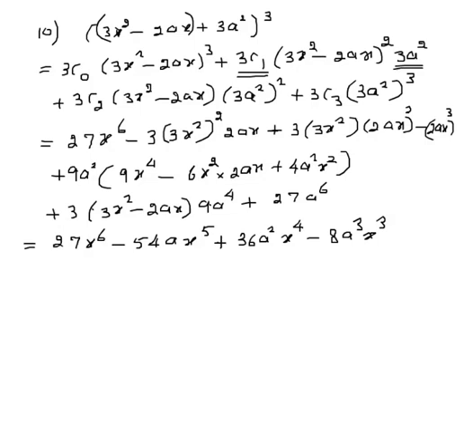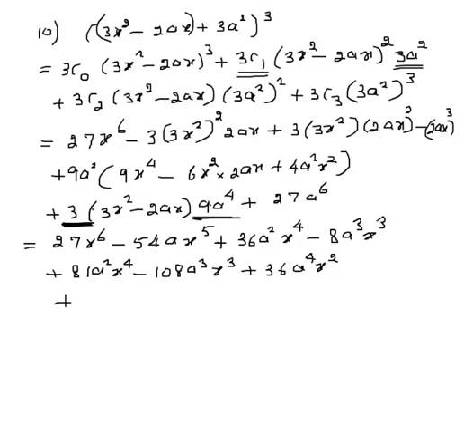Here let us multiply and write. 9 9s are 81. a square x raised to 4 minus 12 9s are 108. a cube x cube plus 9 4s are 36. a raised to 4 x square, and then plus 9 3s are 27.